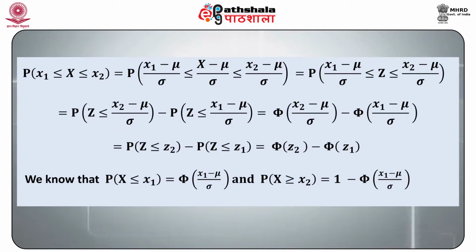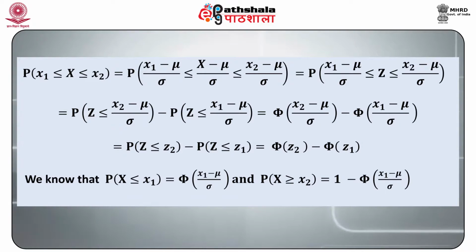which is equal to the probability of z ranging from (x1 minus mu) upon sigma to (x2 minus mu) upon sigma, which is equal to the probability of z less than (x2 minus mu) upon sigma minus probability of z less than (x1 minus mu) upon sigma, which is equal to phi of (x2 minus mu) upon sigma minus phi of (x1 minus mu) upon sigma, which is equal to probability of z less than z2 minus probability of z less than z1, equal to phi z2 minus phi z1.